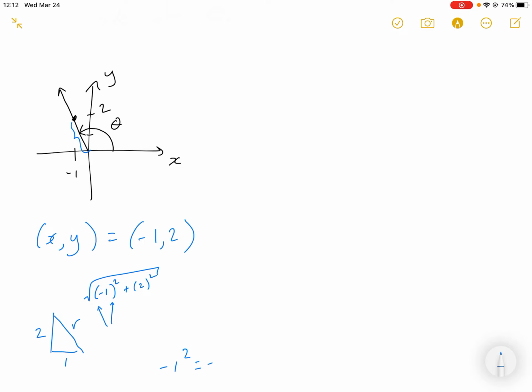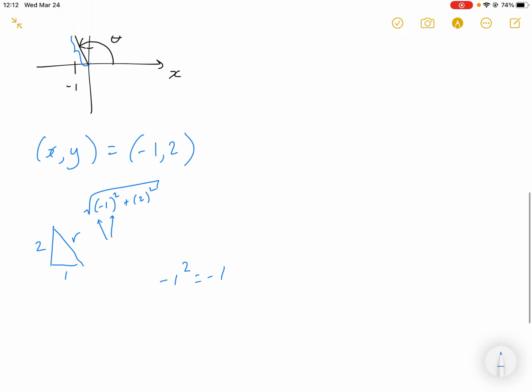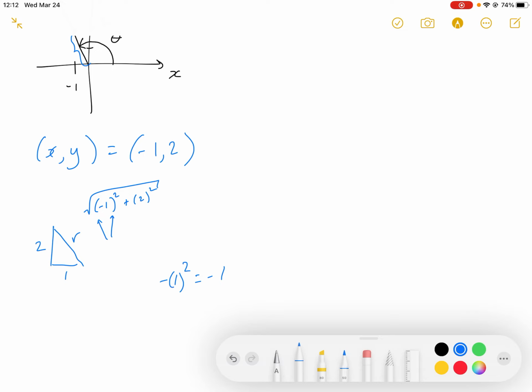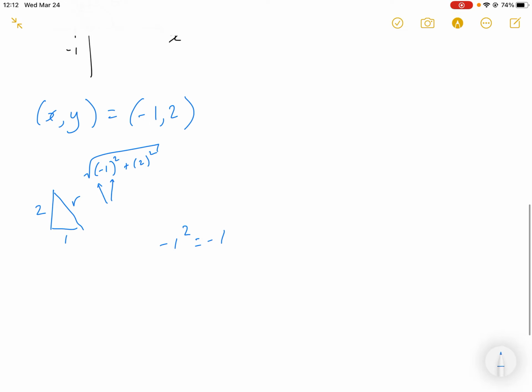If you don't, you'll end up with -1 squared equals -1, which is technically not incorrect because this is the negative of 1 squared if you're following PEMDAS. So what you want to do is parentheses -1 squared, which is -1 times -1, which should give you a +1. So this is not true, and this actually is true.